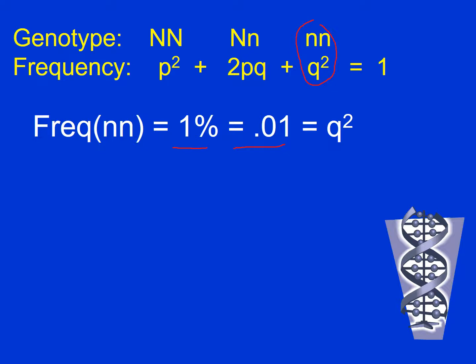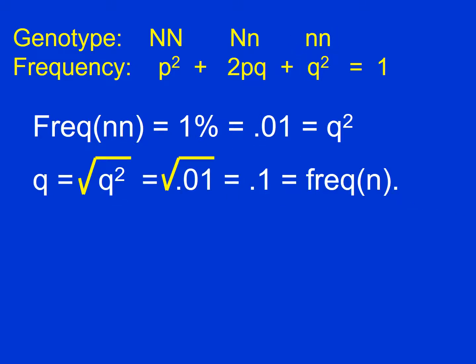And then we should just be able to take the square root of this 0.01 to equal Q. So Q is equal to the square root of Q squared, which is the square root of 0.01, which is 0.1 or 10%. That's the frequency of that recessive gene in our population.